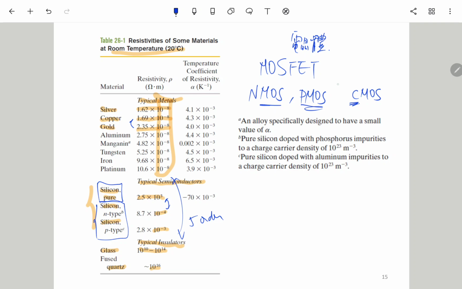It consists of both NMOS and PMOS to construct digital logic circuits, components for things like NOT, AND, and OR, which you may have learned in logic.